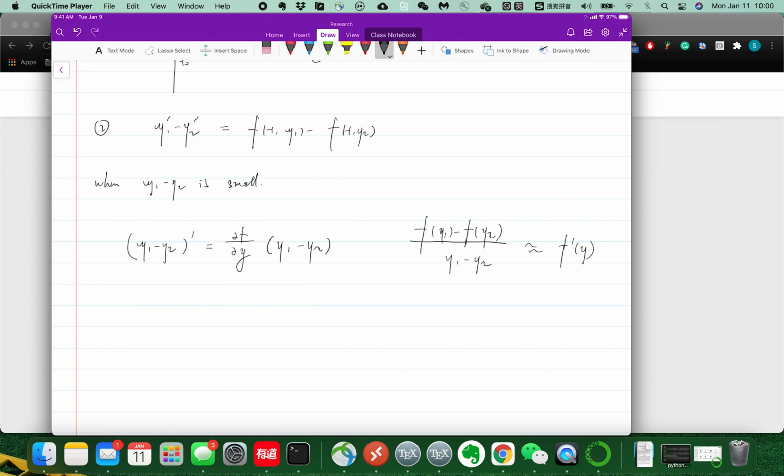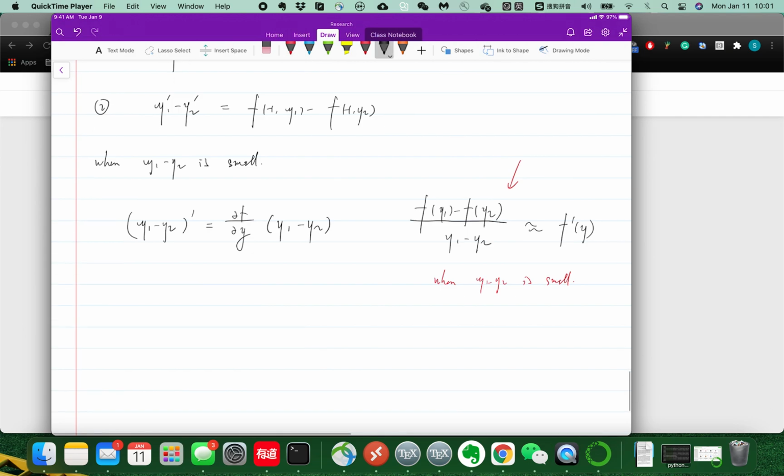I ignore the t, so this is technically the definition of derivatives, when y1 minus y2 is small. We are familiar with that. But now I'm just applying the same analogy to partial derivatives.